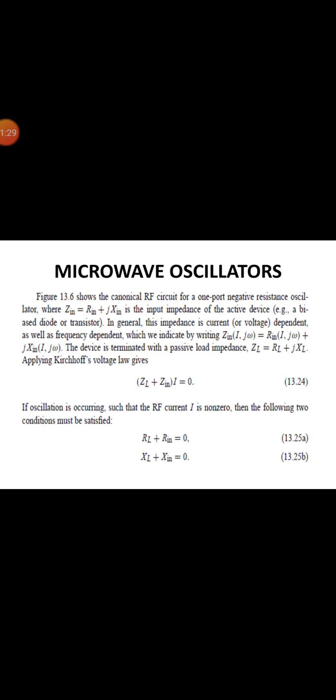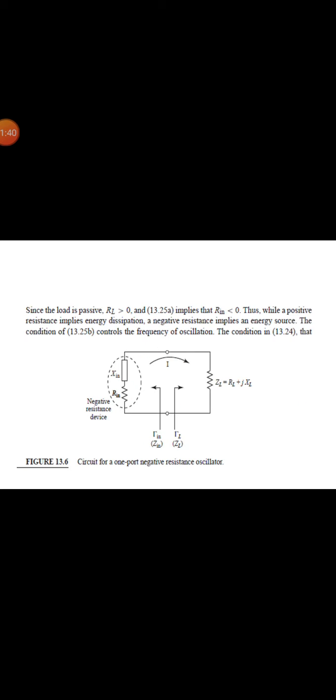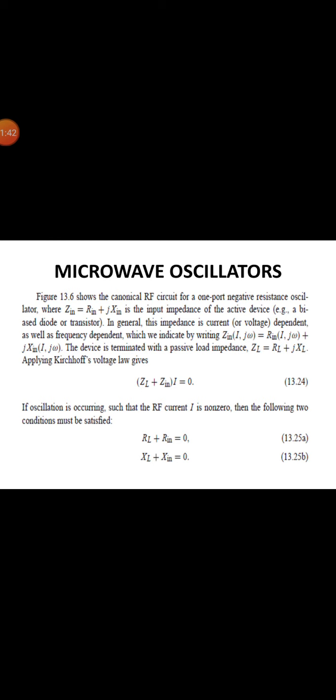In microwave oscillators, you can see the figure of a typical microwave oscillator, and its canonical RF circuit for a one-port negative resistance oscillator is shown in this figure, where Zn = Rn + jXn is the input impedance of the active device, for example a biased diode or transistor.